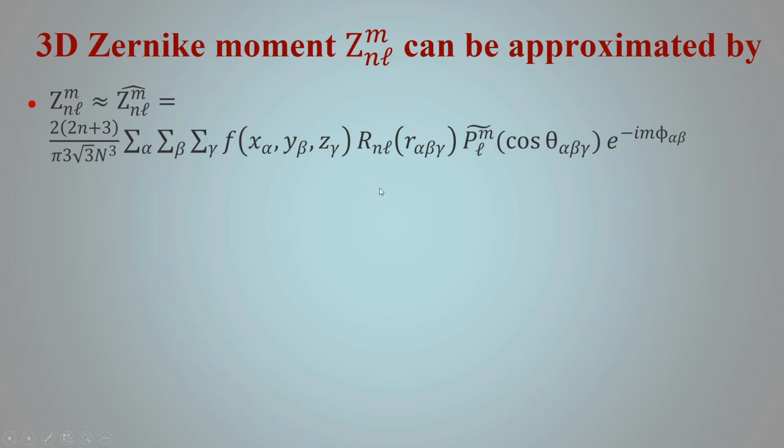This radial polynomial can be computed as given in theorem B, and the normalized associated Legendre polynomial can be computed as given in theorem A. So in the next for loop, you can compute the whole thing.